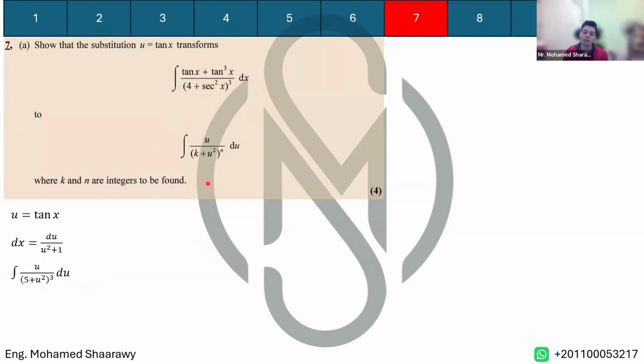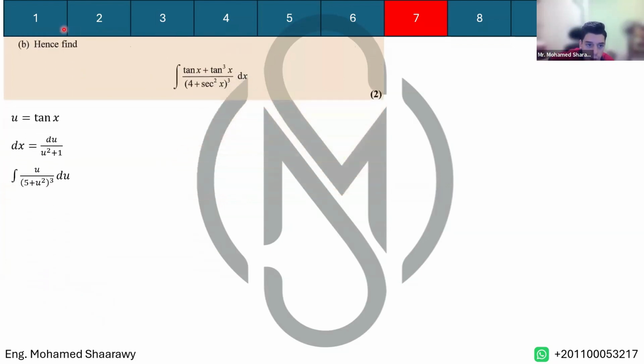Actually, I can check by performing the integral in the last step in part B. Okay, let me continue. So he wants us to find the exact value of this, which is the same thing as solving this easily. Okay, how can I solve this? Is it ln? No, because the differentiation of this is not this. So I can think about the reverse chain rule.